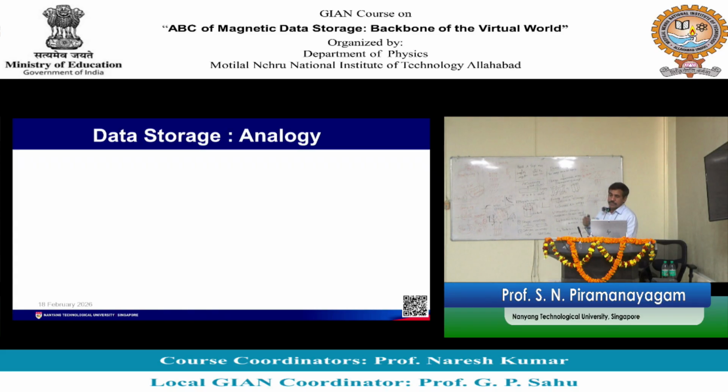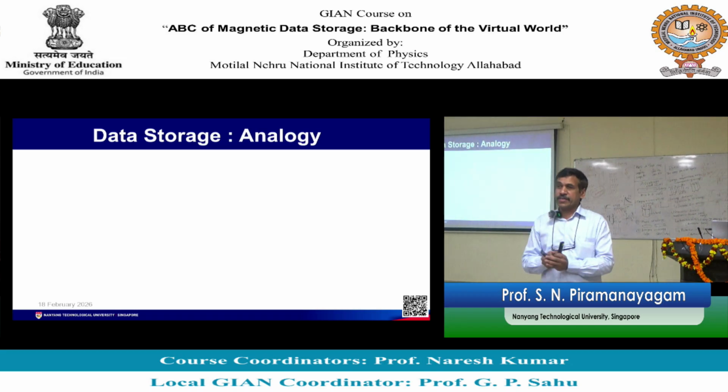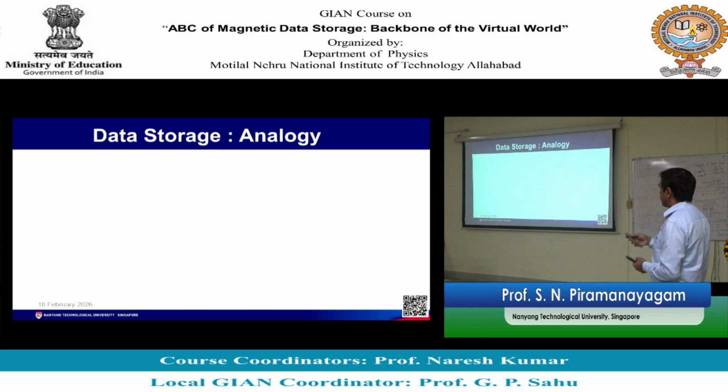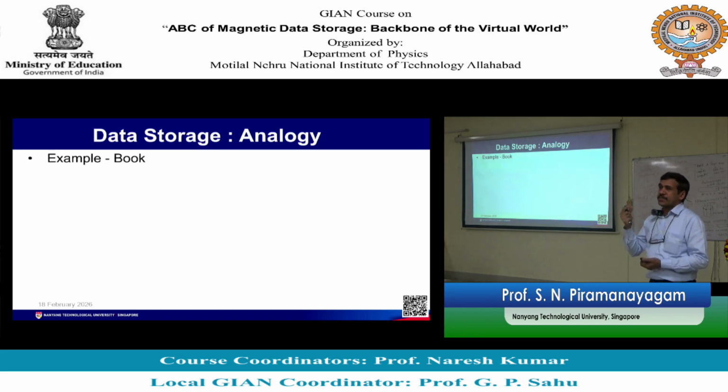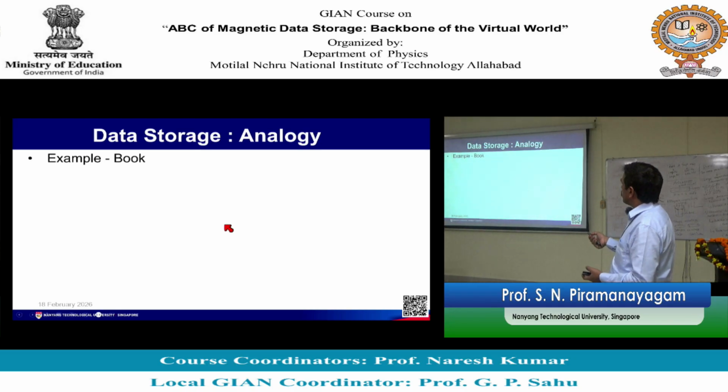When I teach data storage concepts, I always bring in some analogy. If I equate something you know with magnetic recording, then it's easy to understand what's happening. Let's take a book as the information storage system. In a book, you have stored data, right?